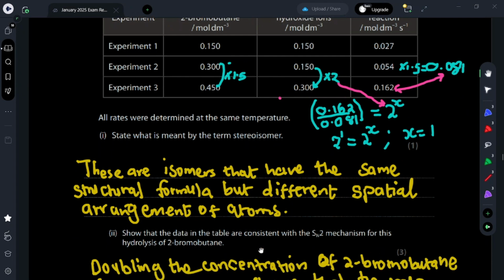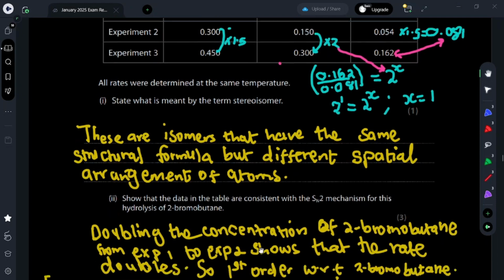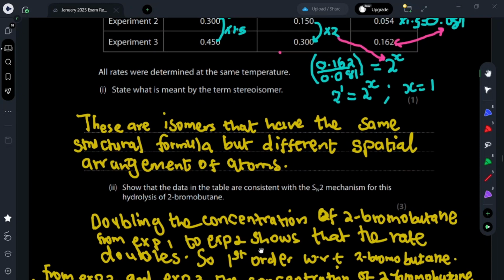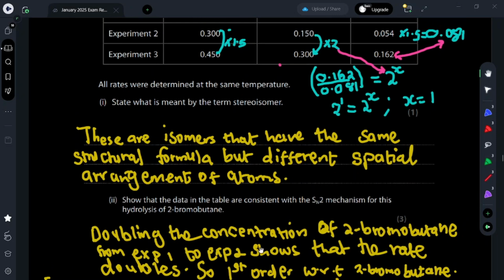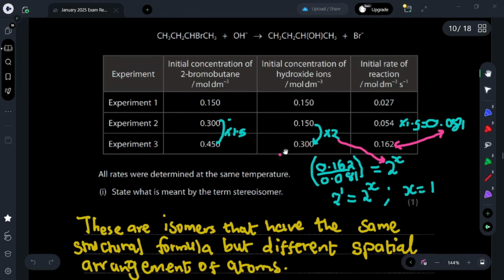All right. Show that the data in the table are consistent with the SN2 mechanism for hydrolysis of 2-bromobutane. SN2, the 2 tells us that there are 2 species involved in the rate determining step, meaning the 2 substances, hydroxide ion and 2-bromobutane, should be affecting the rate.